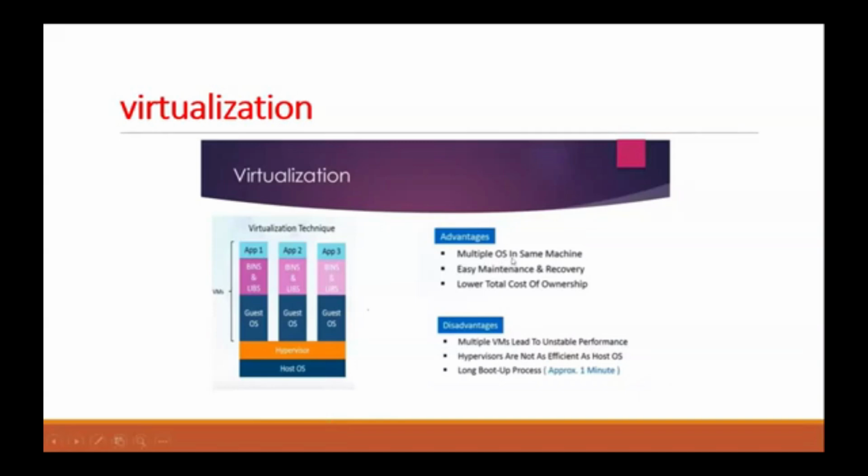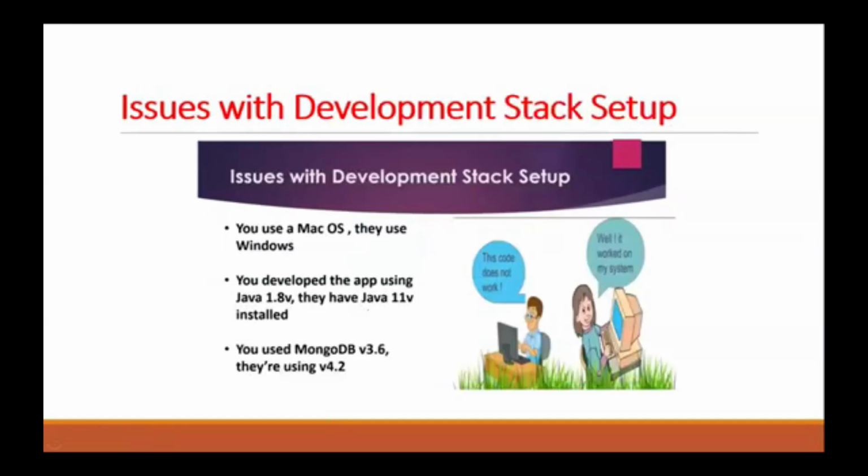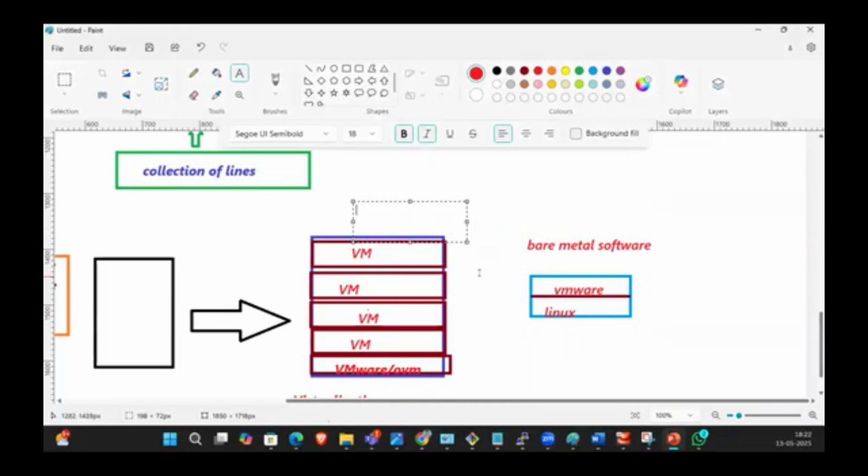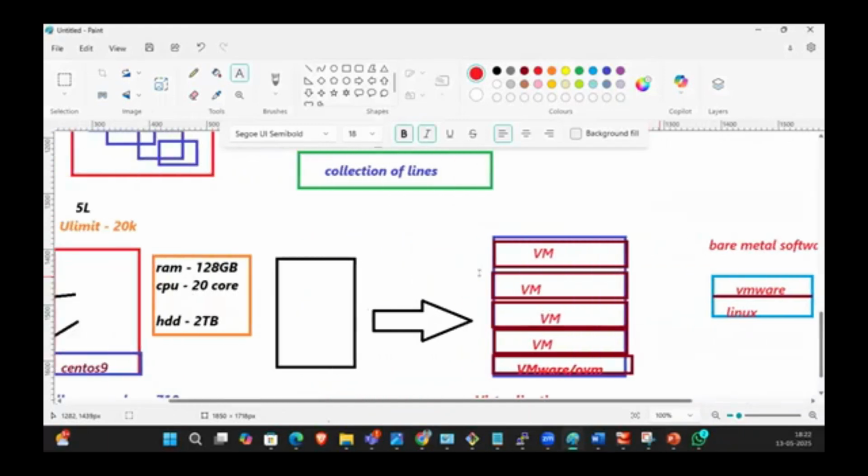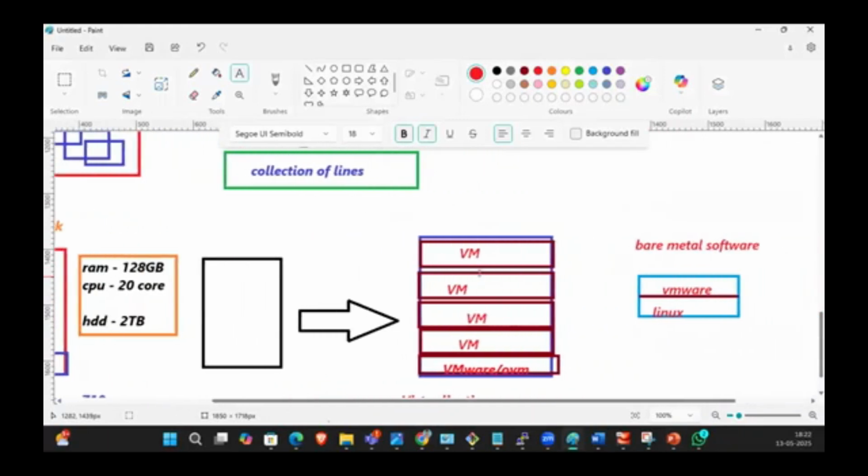So what is the advantage? Multiple OSs on the same machine, easy maintenance and recovery, lower total cost of ownership. Guys, understood? So what is virtualization and why virtualization? To reduce the cost, because we don't need this much amount of resources on the physical server for dev and QA environments.